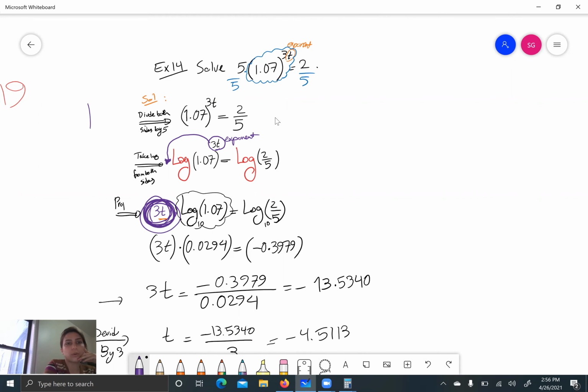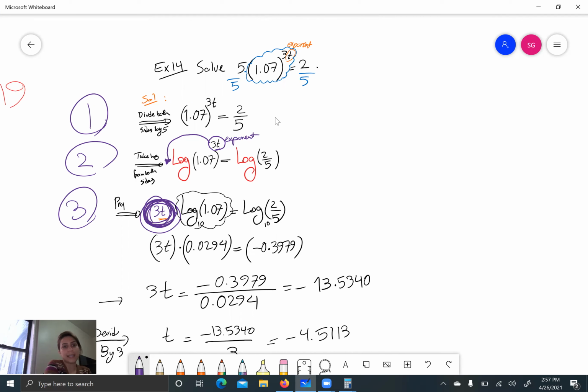So let's go over it again one more time. The first step was to isolate the exponential function. The second step was to take a logarithm of both sides of the equation. The third step was we used the property to move the exponent to be a multiplier of the log function.